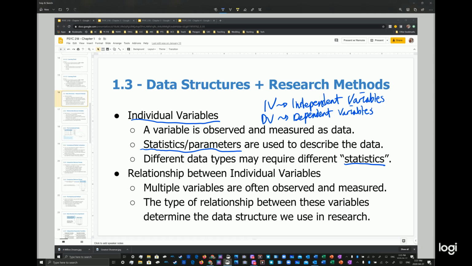Again, for more information about independent variables and dependent variables, you can review or go to your research methods or Psych 101, 102 to review those things. And we will use these terms to talk about variables. So taking into consideration the types of variables we are observing and measuring, depending on the relationship between those variables, we will use different data structures in our research.